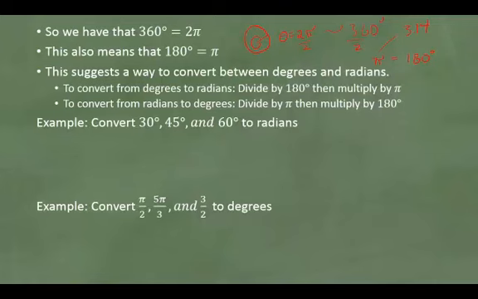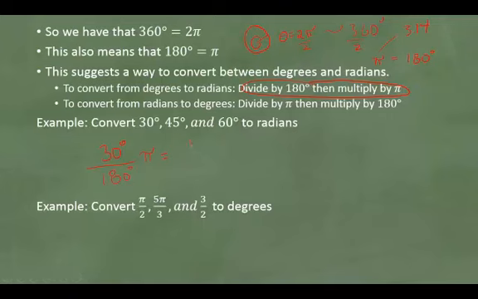Because of the way that ratios work, this gives you an easy way to convert between degrees and radians. If you want to convert 30 degrees to radians, all you have to do is divide out the degrees. So if you divide by 180 degrees and multiply by pi, you'll get your answer in radians. Right?